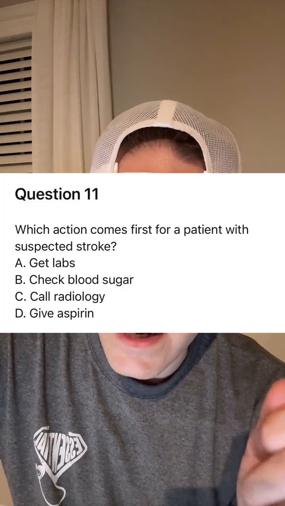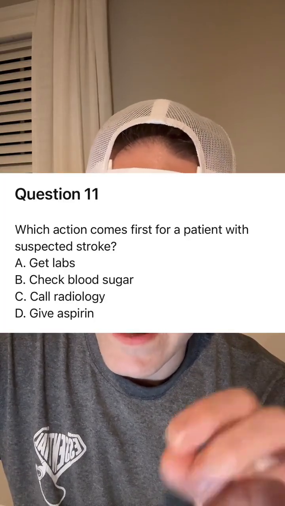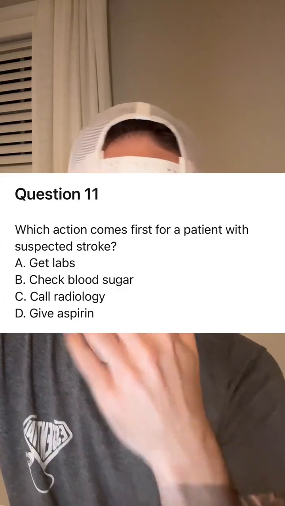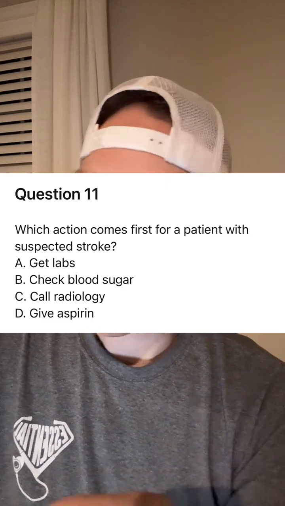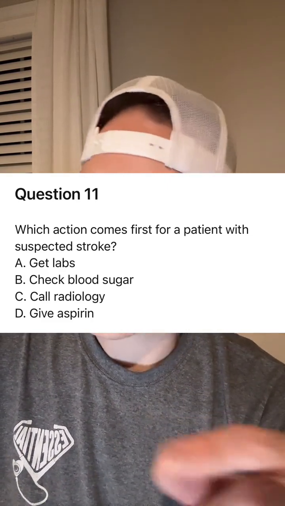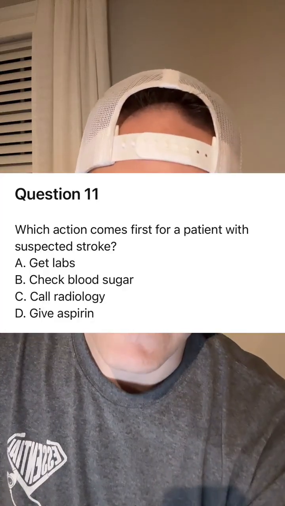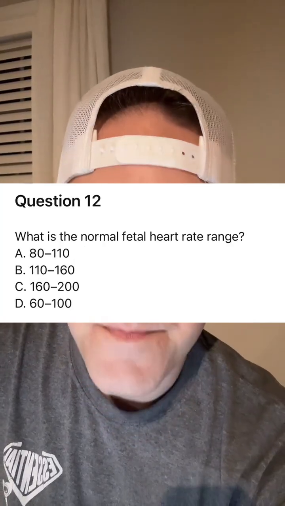So you need to check that glucose immediately to rule out a reversible cause. This will prevent delays in appropriate treatment. When we get stroke patients in the ED, the first thing you do while they're still on the medic stretcher and the doc's talking to them is get a finger stick and see what their glucose is. So, moving on, question 12.